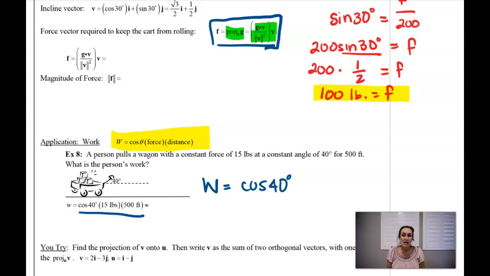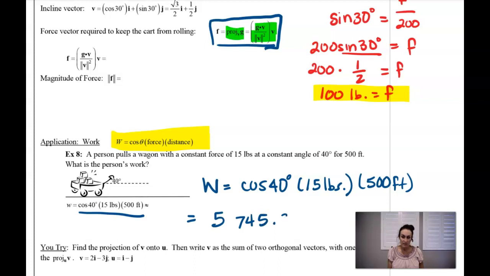And then you're going to times that by the force of the 15 pounds, and then the distance of the 500 feet. You simply throw that all into your calculator. And these are called foot pounds. Your answer is in foot pounds or joules. And you're going to end up with 5,745.333 foot pounds.